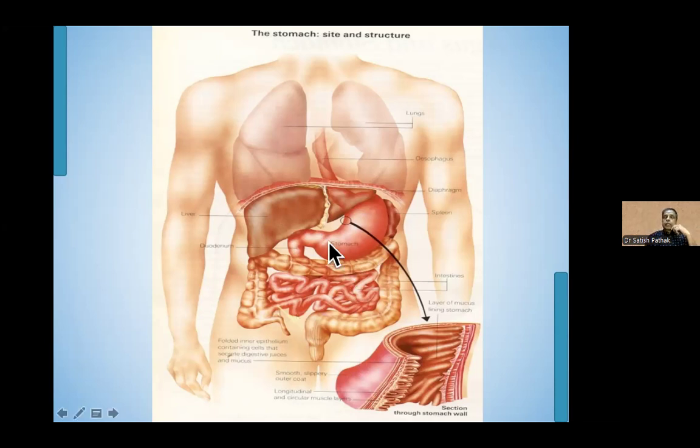Now, suppose somebody has undergone an operation, surgery. What do we do? We cut over here like this, do whatever operation we want to do, and then close it again. This anterior abdominal wall is made up of 7 layers. We open it, do the surgery, and close it layer by layer.